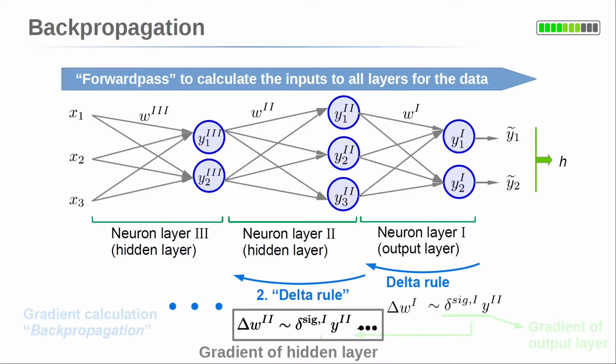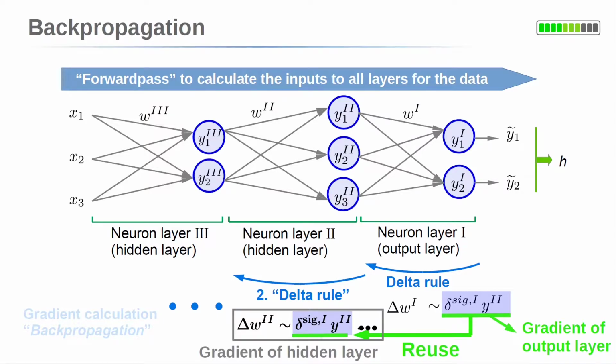In the following, we will calculate the gradient components of the hidden layers. We find out that the gradients of the hidden layer depend on the calculations of the gradients of the output layer. So we can reuse the previous gradient calculations of the delta rule. Further, the input for the hidden layer was already calculated by the forward pass.